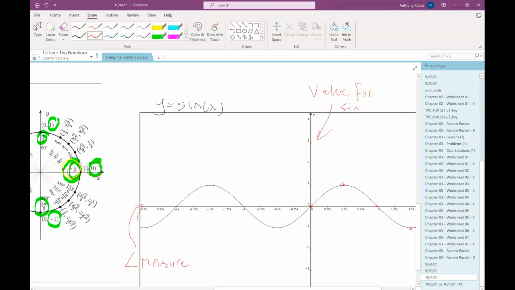So the angle measure there was 0 radians, and the output is 0 for sine, so that's the point (0, 0). Does that feel okay? Yeah. Again, the input is the x-axis, right? The things that we're inputting into sine are angle measures. And the output is the y-coordinate from the unit circle. That's our value for sine. Everybody so far so good?